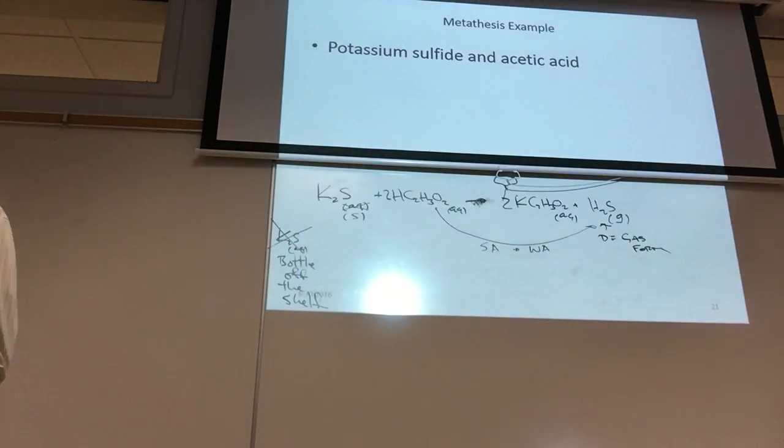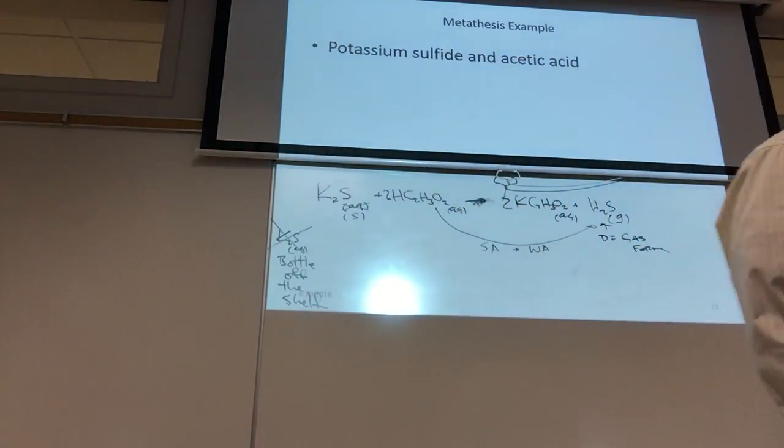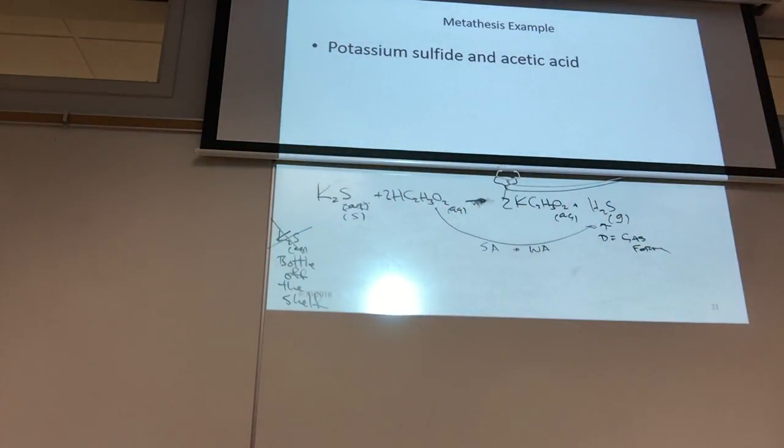Why can't I just grab a bottle of K2S aqueous off the shelf? I can grab a bottle of K2S solid off the shelf, but I cannot grab a bottle of K2S aqueous off the shelf. In fact, a bottle of K2S aqueous does not exist. Why? It's too unstable. Why is it too unstable? Because you should know that soluble sulfides are strong bases. What are the strong bases?